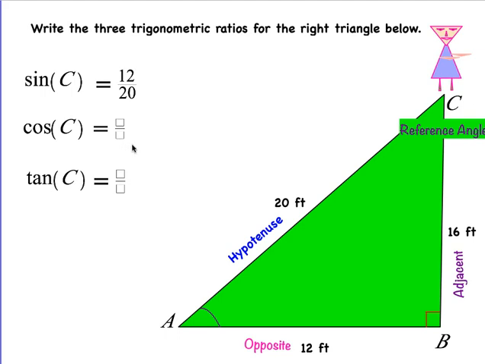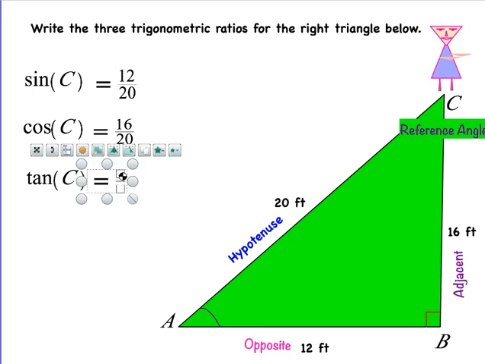The cosine would be the side that's adjacent. So that would be 16 over 20. And then the tangent is always the sides that form the right angle, and it's opposite over adjacent, so it'll be 12 over 16.